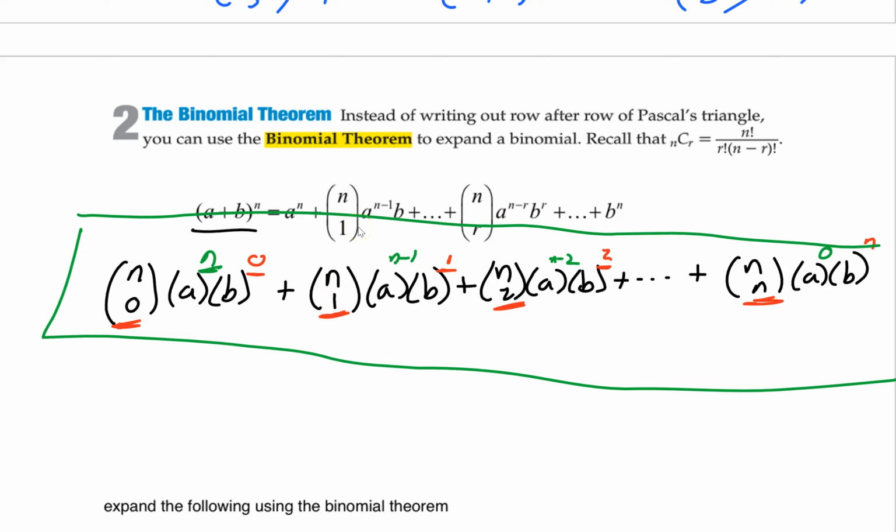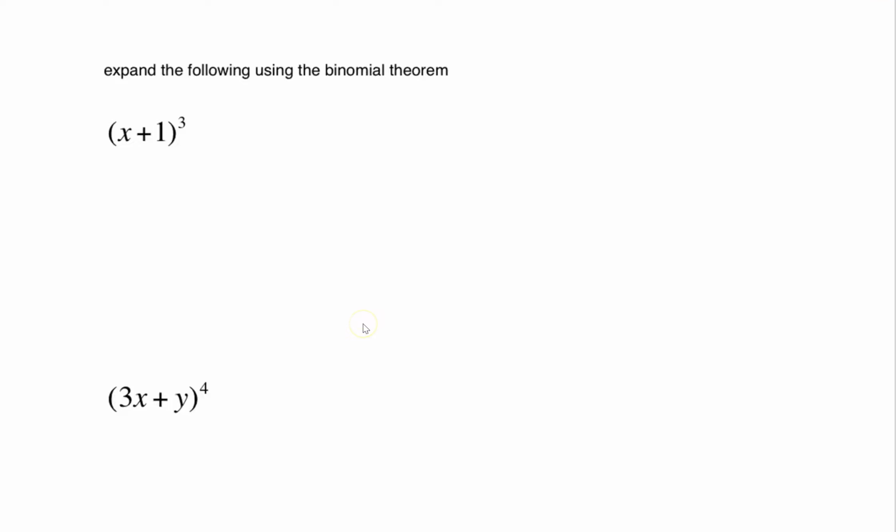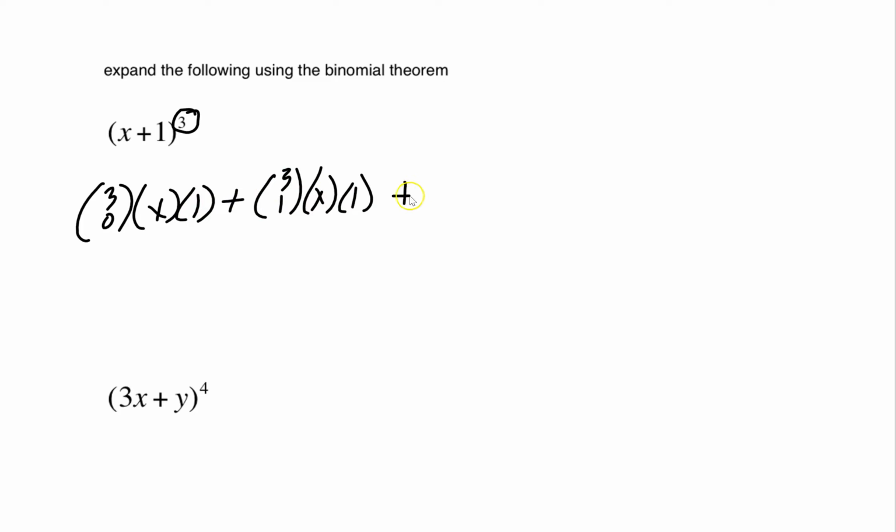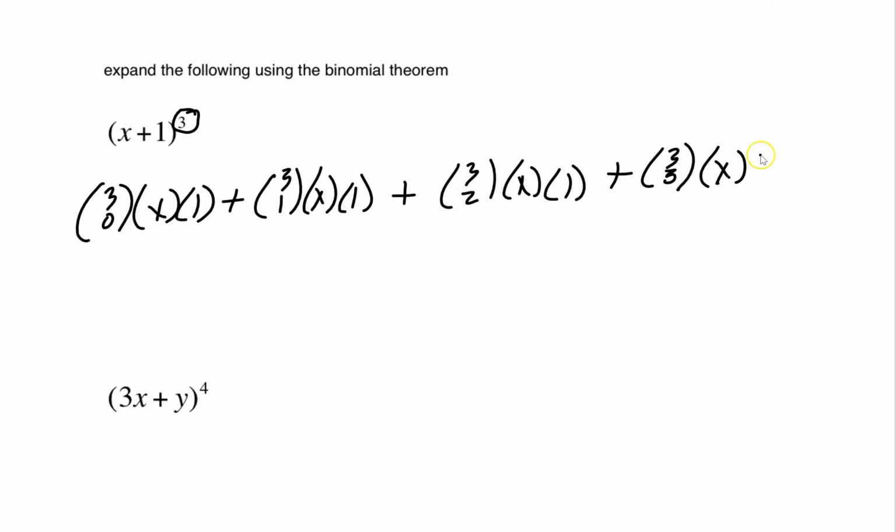I cannot draw a straight line. That's what it is. So let's actually use it to expand something. So this one right here. If I want to expand this, I'm going to start with a 3 right here. So it's going to be 3 over 0, first term, second term. And then move up, 3 over 1, first term, second term. Keep on going, 3 over 2, first, second, plus 3 over 3, first, second.